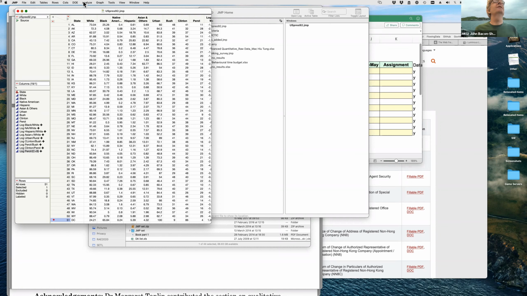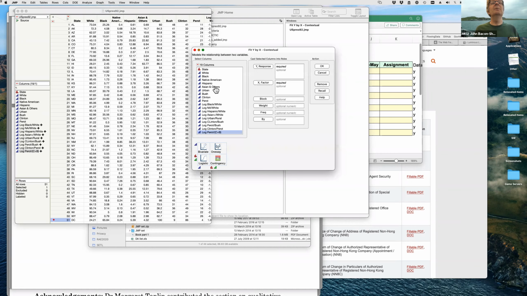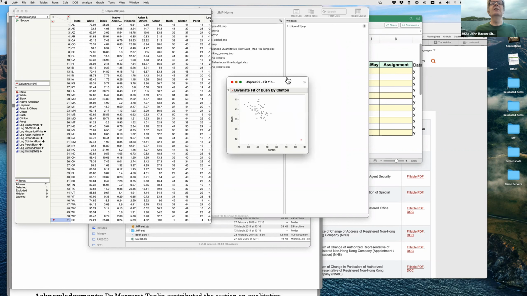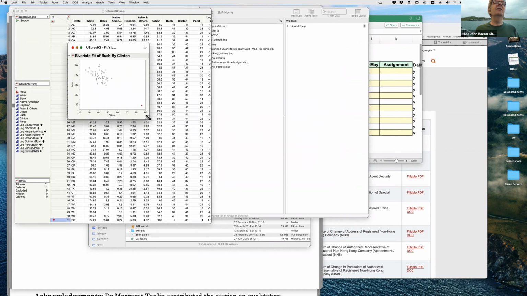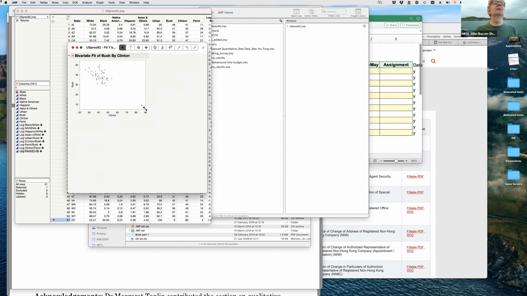Most people focused entirely on Bush versus Clinton. If there were only Bush and Clinton, this would not be interesting, because all the votes that Bush doesn't get, Clinton must get. You can see there is generally a negative correlation, because a lot of the votes were competing between Bush and Clinton.